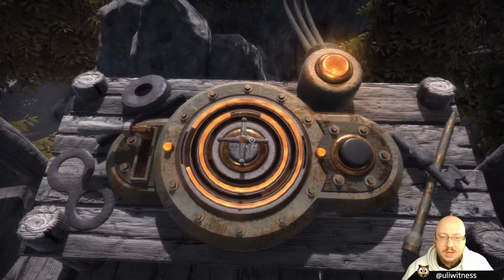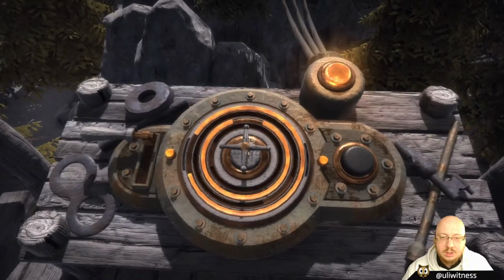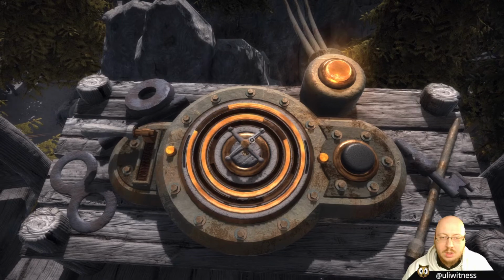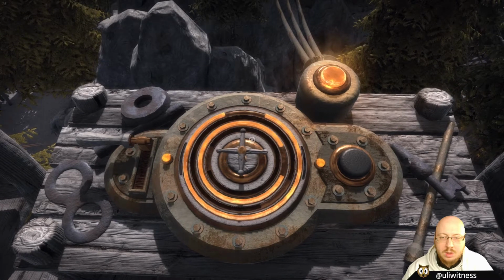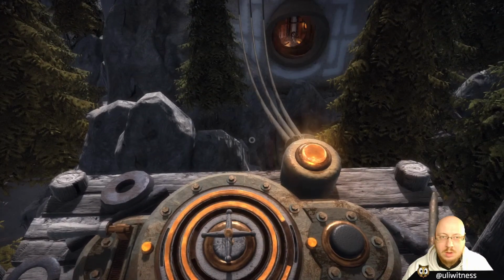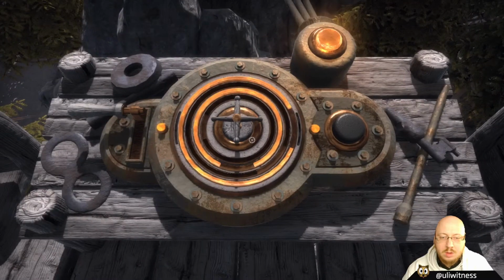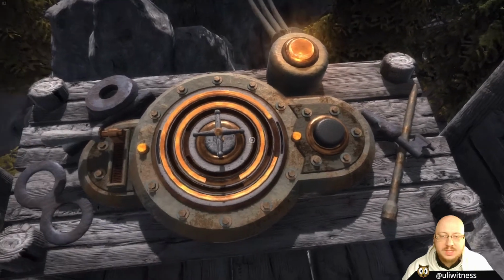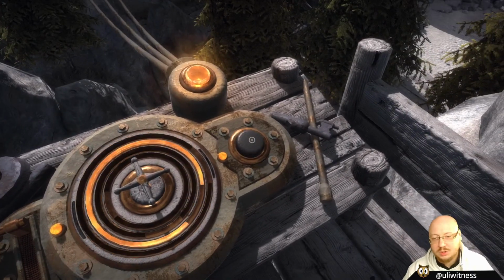I see the outlines. And I guess I have to make them both match.